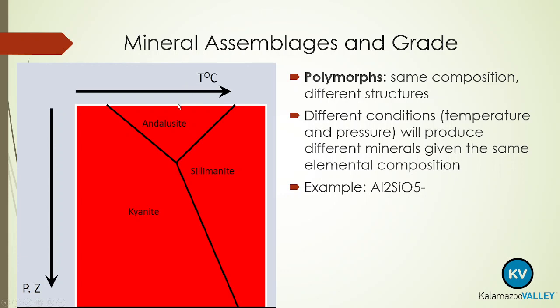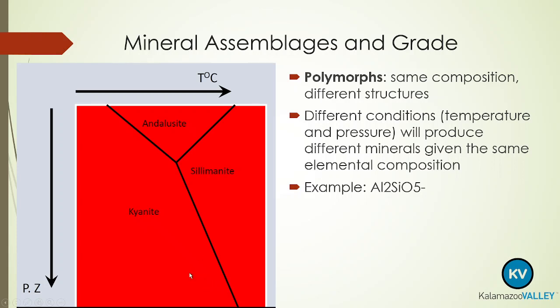At medium temperatures and low pressures or low depths, we would have a product of andalusite. And at higher depths and higher pressures but milder temperatures, we can get kyanite, maybe up to the medium-high range of temperature as well.